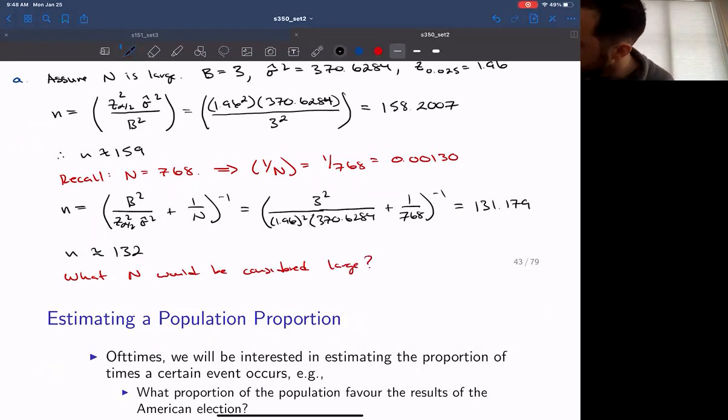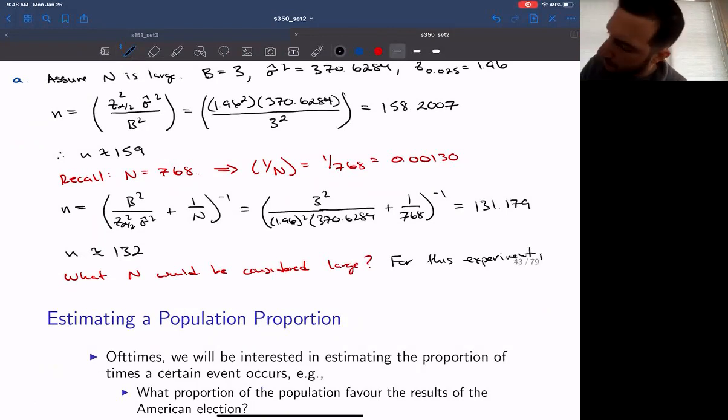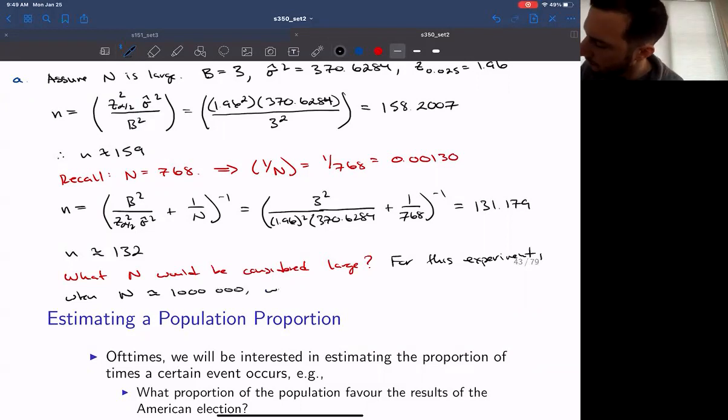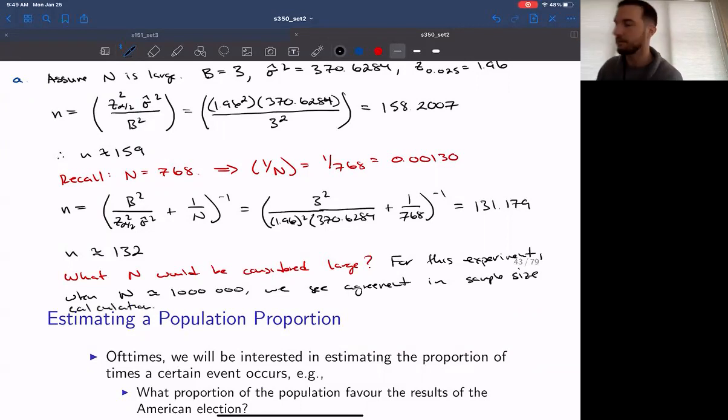Okay, well, in this experiment, when N is approximately 1,000,000, we see agreement in sample size calculation, right?